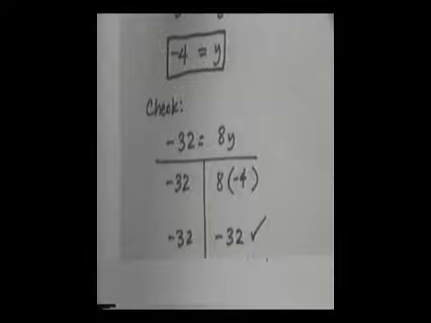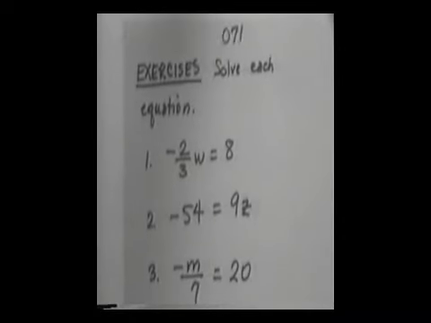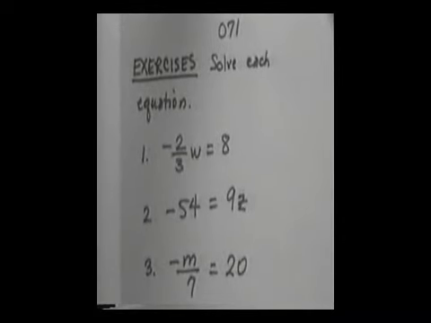Now we need one more group of exercises. Copy these 3 exercises, then stop the tape, work the exercises, and restart the tape to check your answers. Solve each equation. Number 1, negative 2/3 w equals 8.